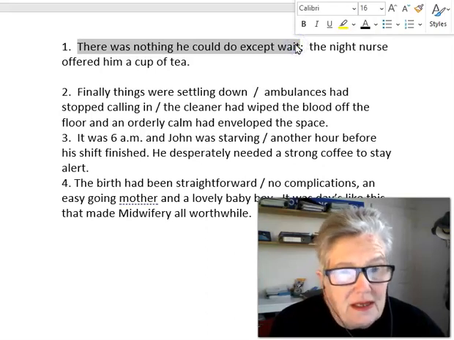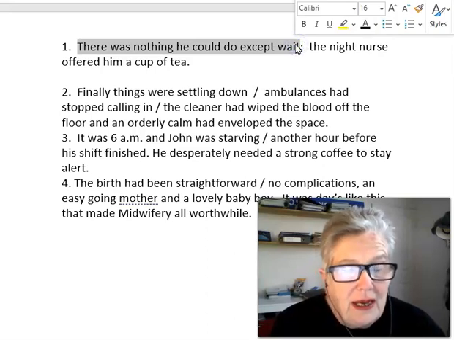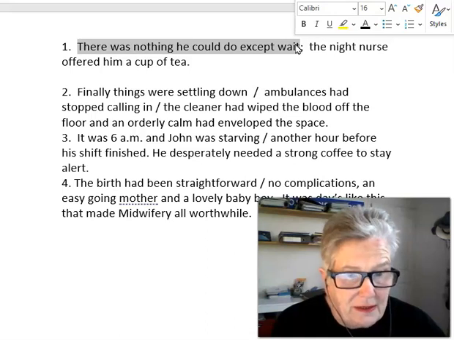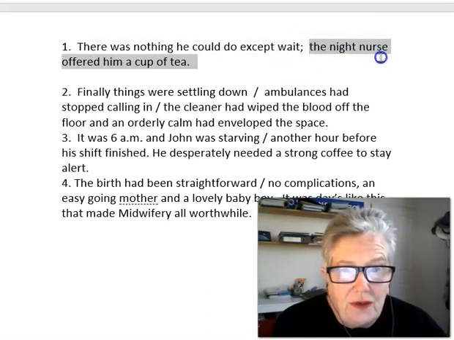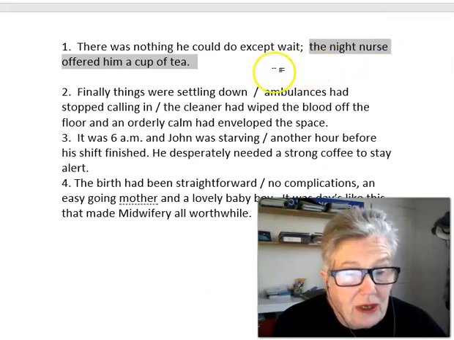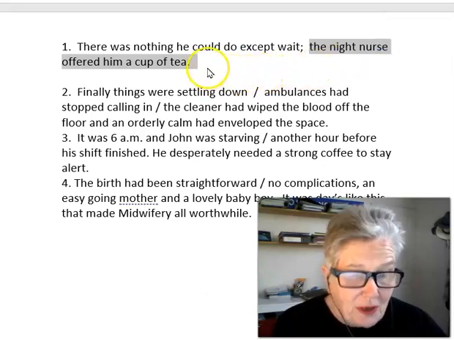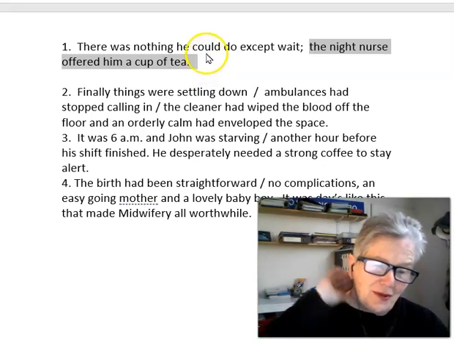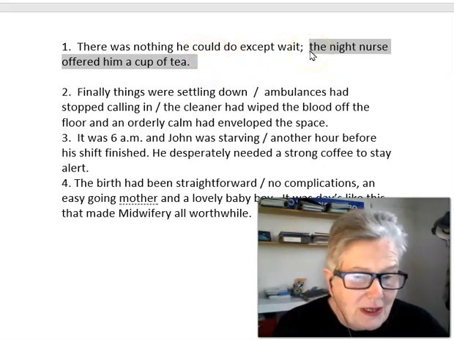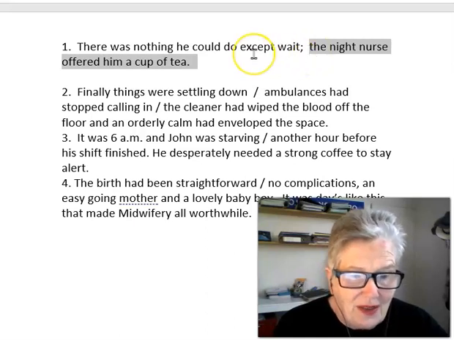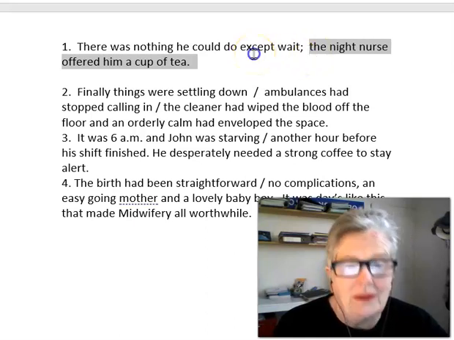So what we've actually got here is: there was nothing he could do except wait. That's a sentence in itself, and it's what we call an independent sentence. If you wrote, the night nurse offered him a cup of tea, that might be a really good start to a chapter in a book. But the two things are actually related. So this is the subordinate clause. It goes after the independent clause.